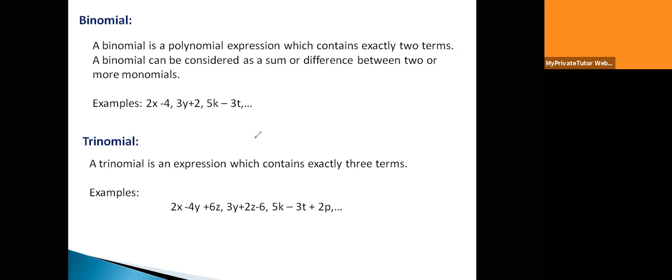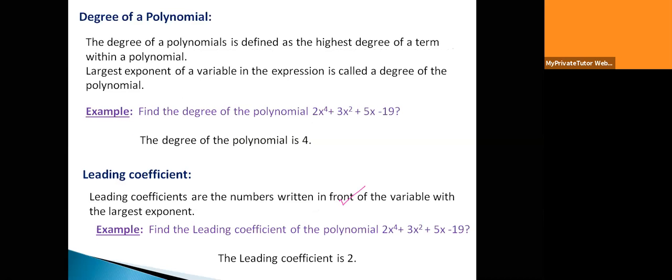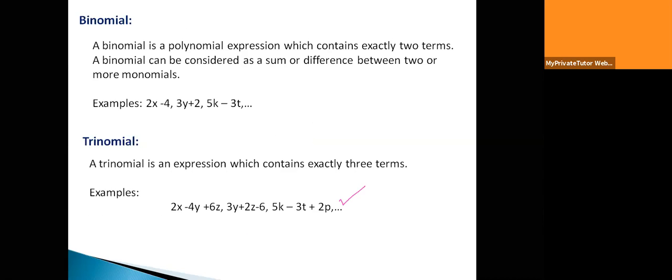The polynomial which has 3 terms is nothing but a trinomial. I hope you understand, guys. You understand what we mean by the basic types like monomial, binomial, and trinomial. So those are the 3 types of polynomials if it is based on the number of terms.